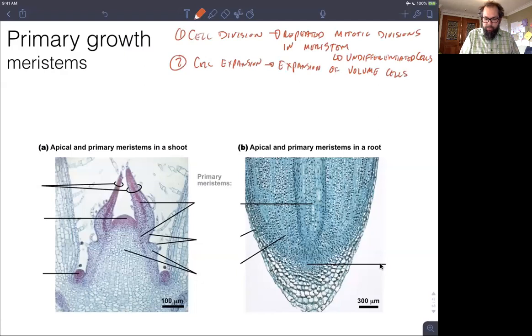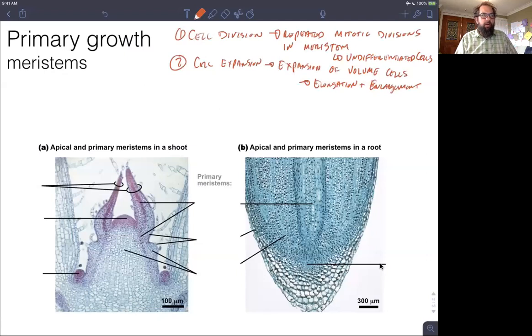And this results in elongation of that cell and enlargement. So those two processes, cells dividing, followed by cell expansion, the volume of those cells actually getting bigger, so getting enlarged and elongated, are really what constitutes growth when we're talking about growth in a plant.